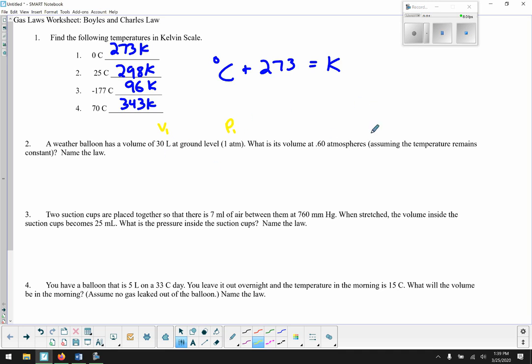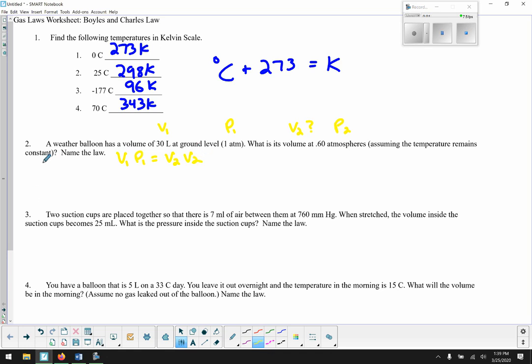So that volume and pressure go together. What is its volume? So V2 is what we're looking for at 0.6 atmospheres. So we're going to set up the equation. This is going to be V1 P1 equals V2 P2.